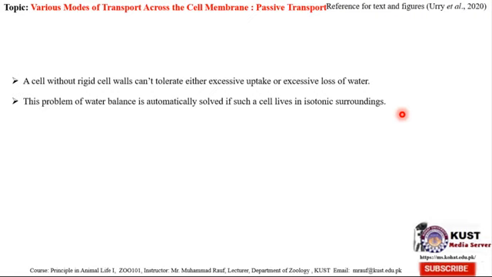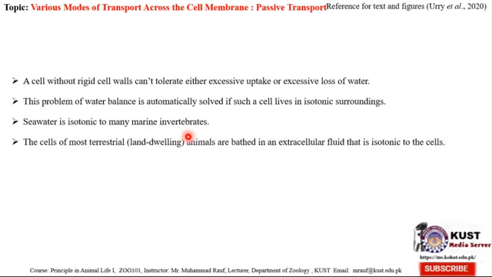Then of course there will be no need of maintaining a proper balance of water and ions if the outside environment is isotonic to the inside. So seawater is isotonic to many marine invertebrates. So the marine invertebrates are osmoconformers.